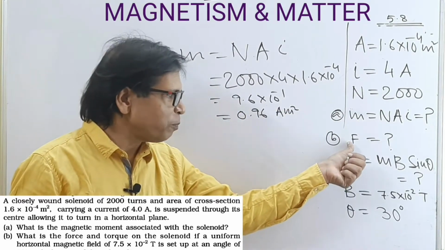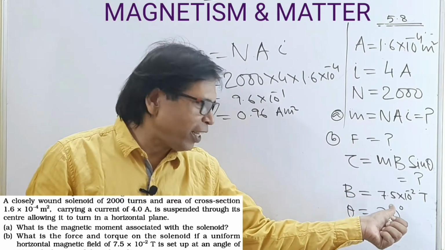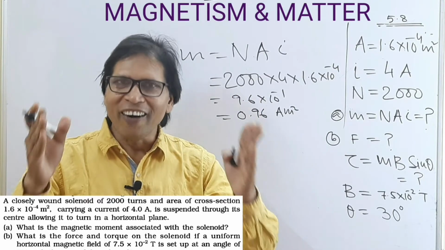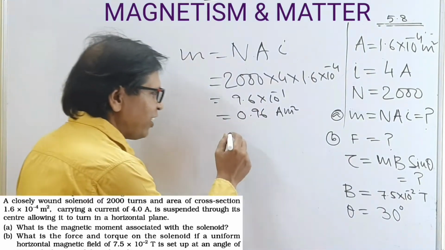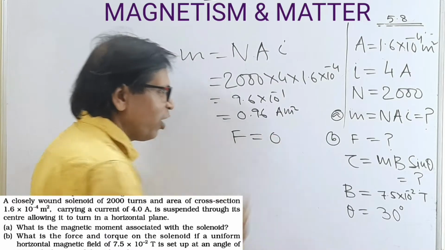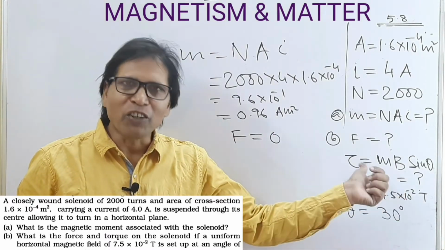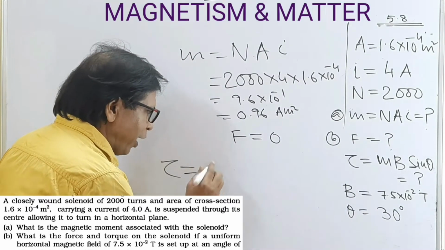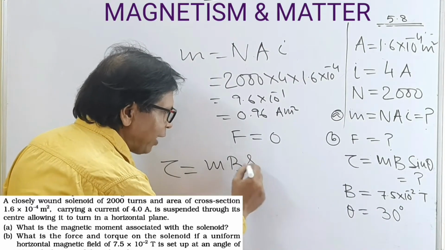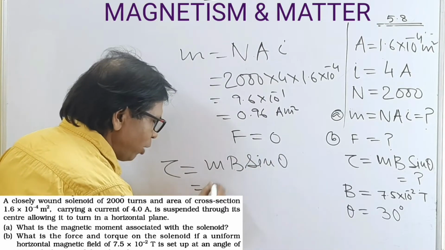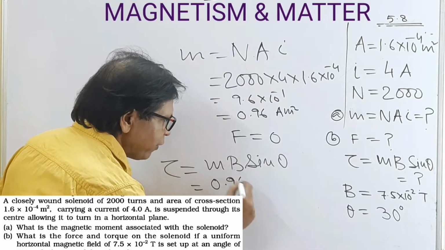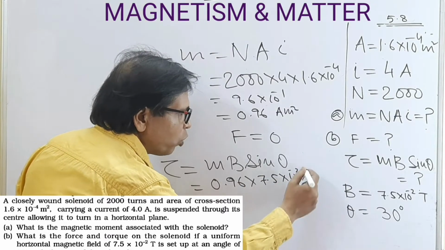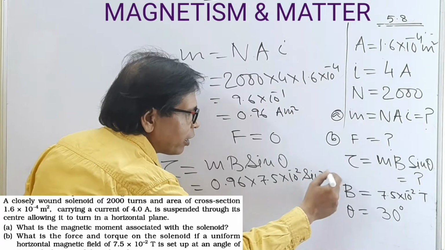Now what is the force? As the solenoid is placed in uniform magnetic field, so net force on it is 0. So this is F equal to 0. Now what is the torque? Now torque tau equal to mb sin theta. Here m equal to 0.96 and this is 7.5 into 10 to the power minus 2 and this is sin 30 degree.